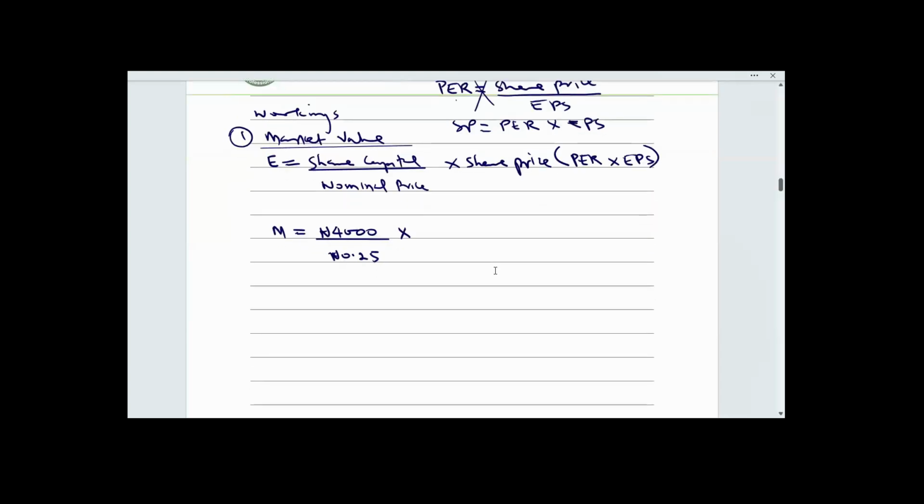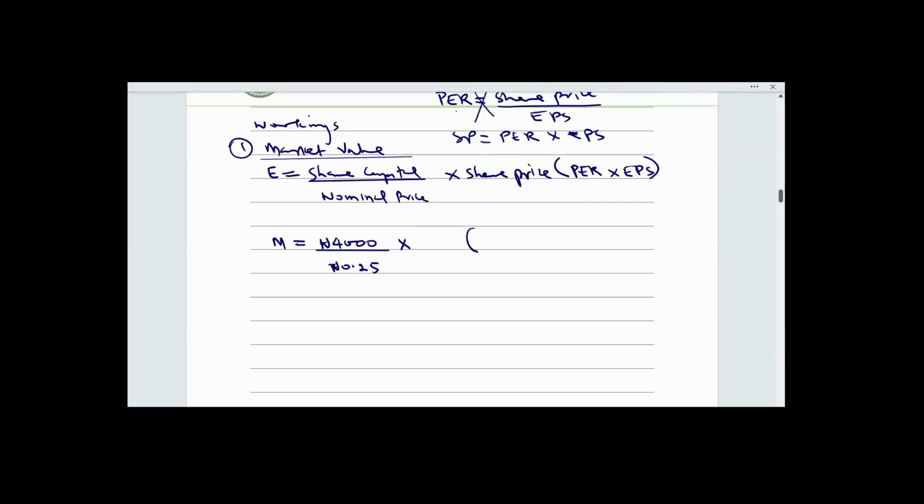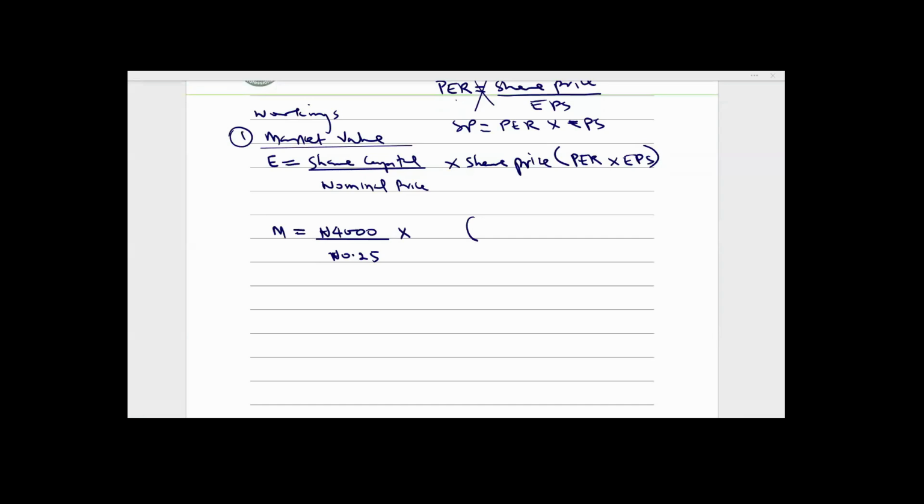So when I now want to calculate for Mississippi, I don't know the share price. I will quickly work it out somewhere. What's the price earning ratio of Mississippi? Please, let's move fast. 12. The price earning ratio of Mississippi is 12, multiplied by earnings per share of Mississippi, which is 25 kobo. 25 kobo is the same thing as 0.25.